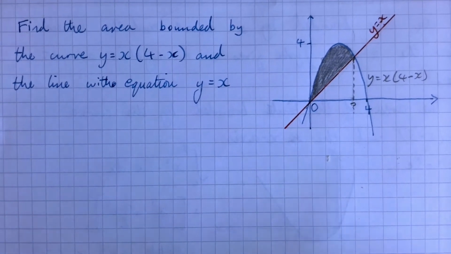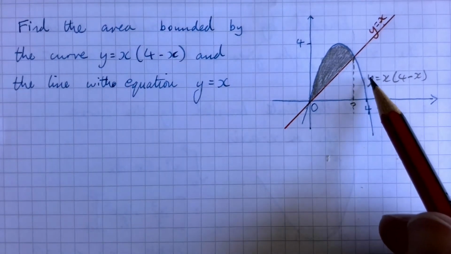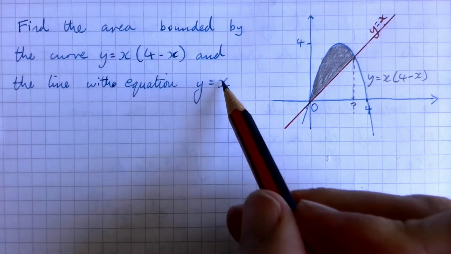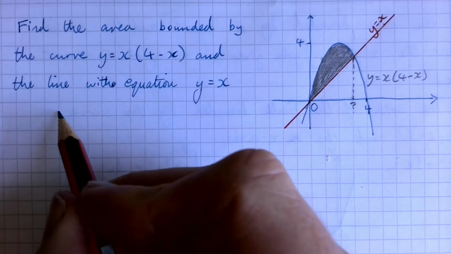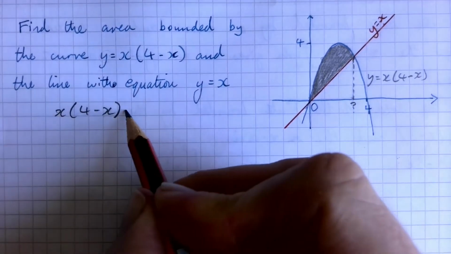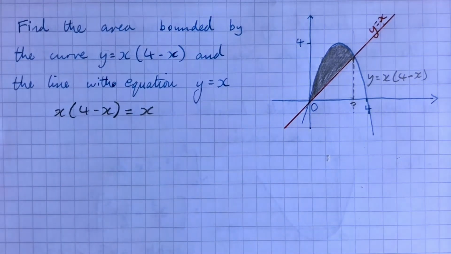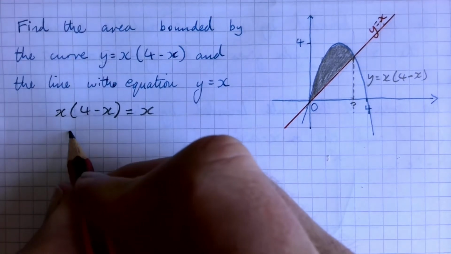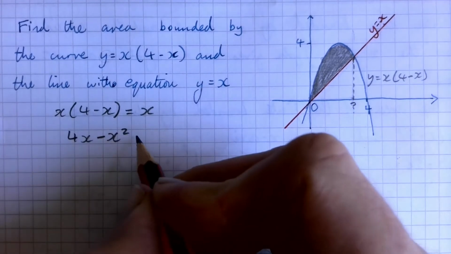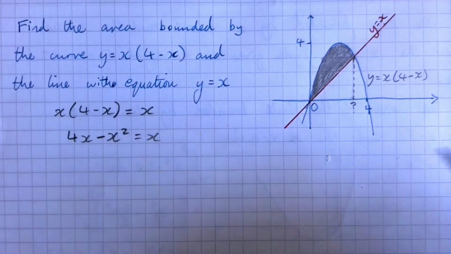Is it? Well, we need to do simultaneous equations with these two, or just say, well, y is going to be equal to that and that at the same time. So all we need to say is x(4 minus x) is going to equal x. If I expand the bracket, that gives me 4x minus x squared is equal to x.